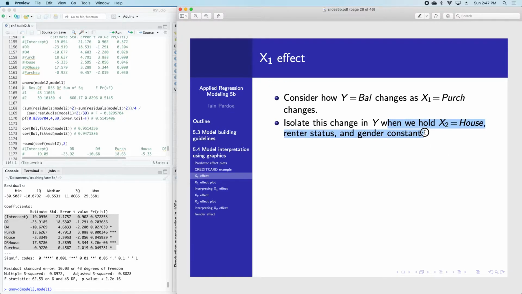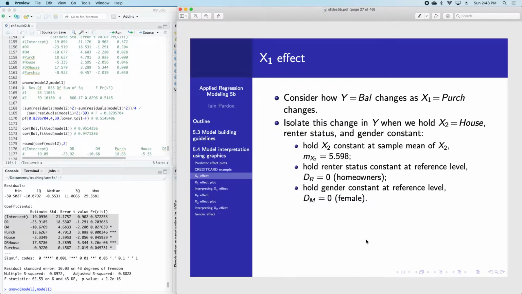What should I hold these other predictors fixed at? Well, I could hold x2 fixed at the sample mean of x2. I could hold the renter status fixed at dr equals 0, and then I could hold the gender constant at dm equals 0.